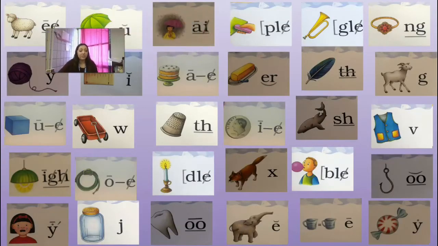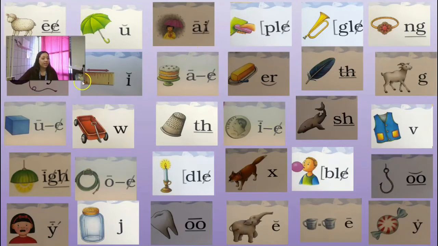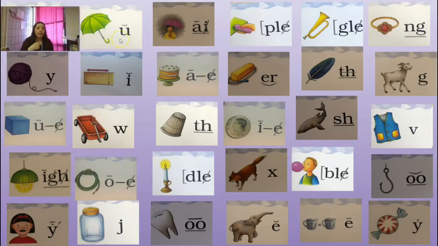Okay, we're going to practice our letter name cards. We did add a new card today, so we're going to be on the lookout for it. Are you ready? So our first card is sheep, E, digraph E, very good. Then we have umbrella, U. Then we have rain, A, digraph AI, very good. Staple, pool, final syllable PLE.